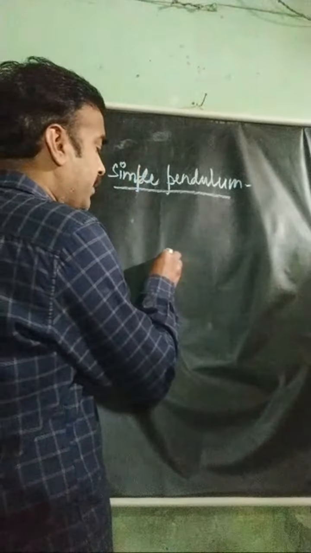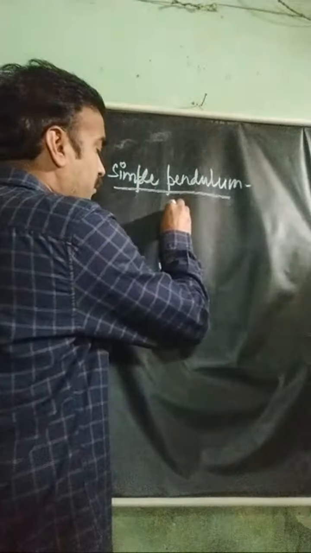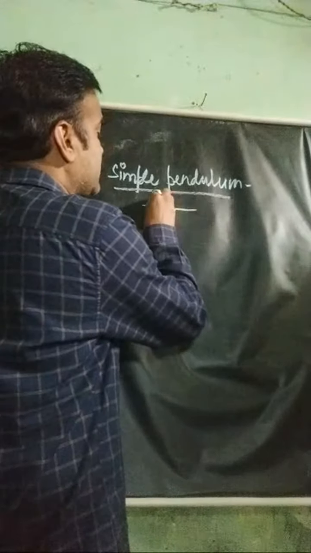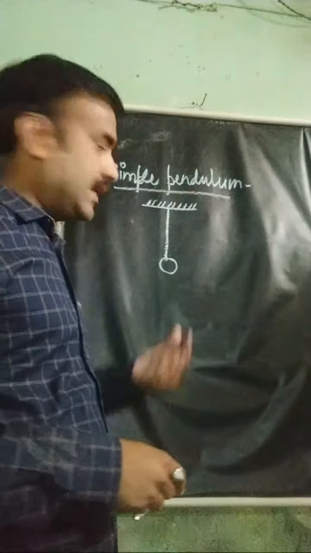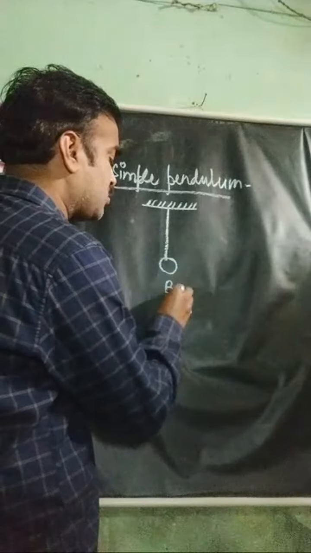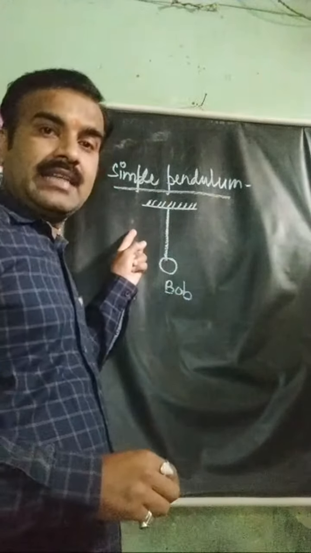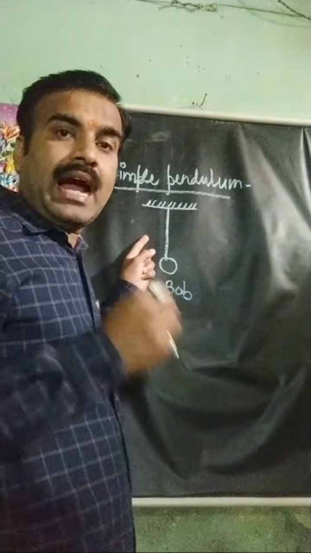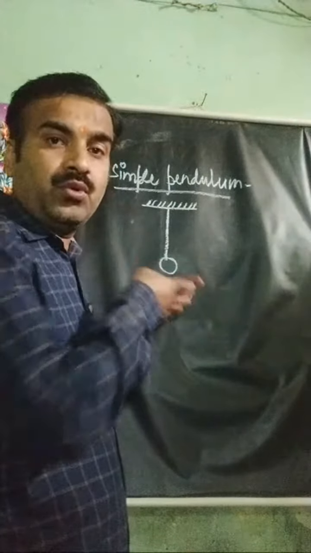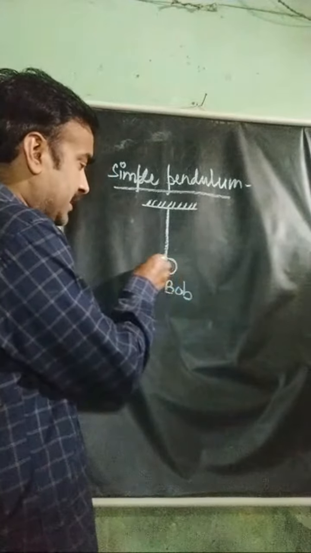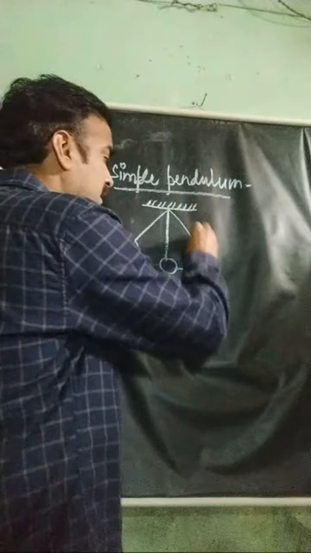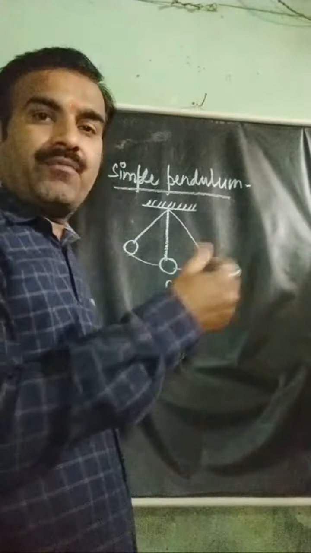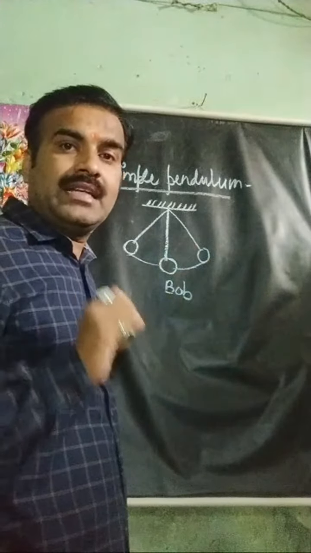If we take a bob, and the bob is attached to a weightless and inextensible thread and is capable of moving to and fro from its mean position, this side as well as this side, then it is called a simple pendulum.